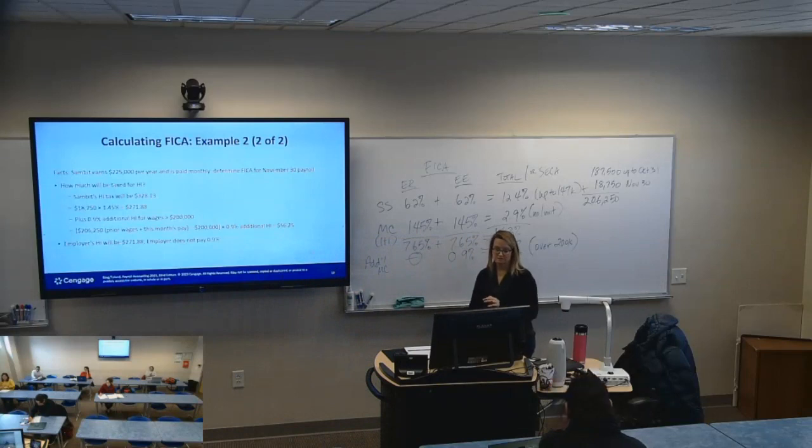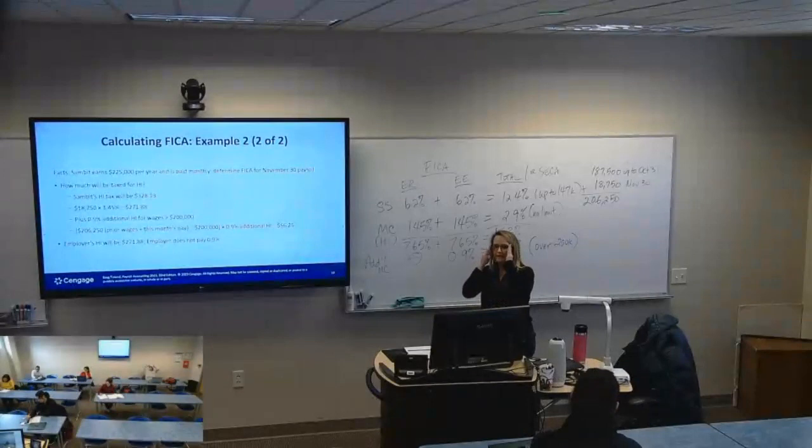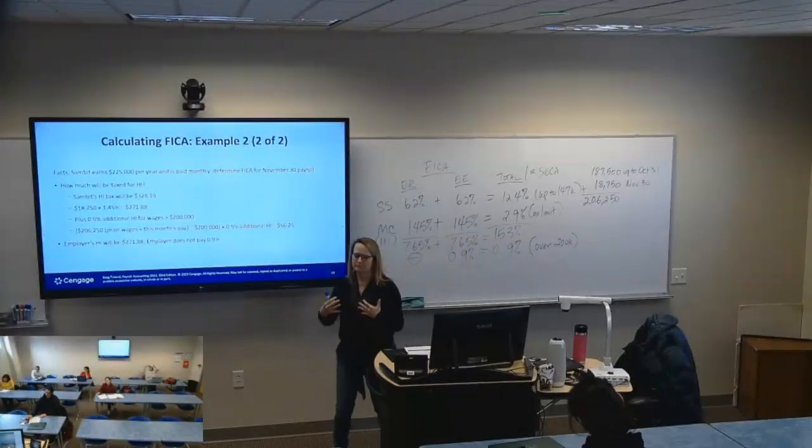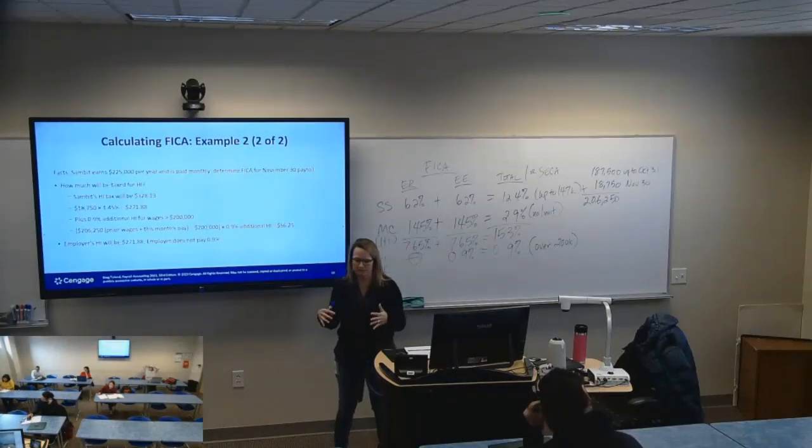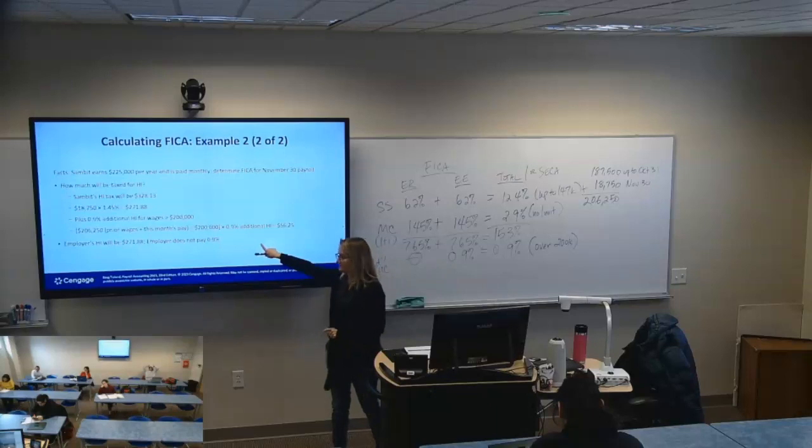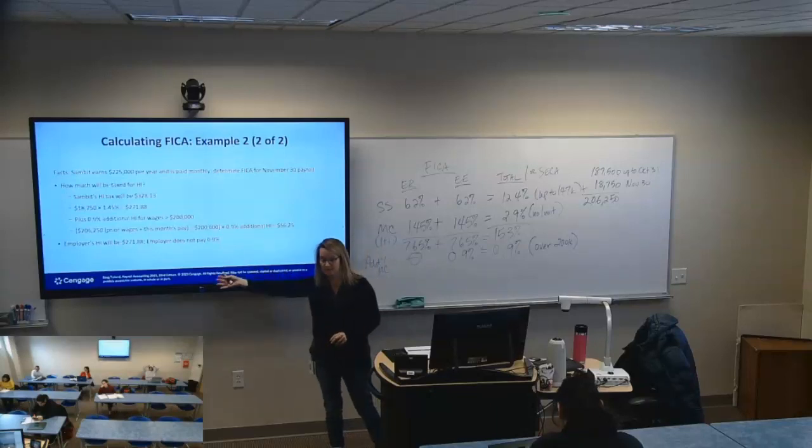Questions? So that over 200,000, that's for every employee. It applies from a payroll perspective, from the perspective of somebody working in the payroll department. Once an employee reaches $200,000 of income, that's going to kick in on everything over and above that $200,000.